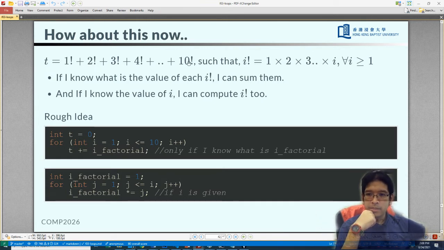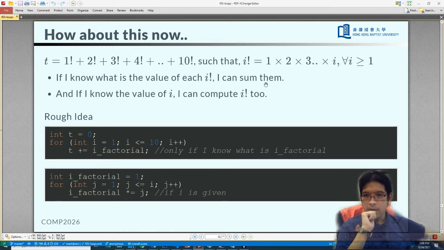Let's say we want to compute them using a naive way, using a loop. And computing this is actually quite tricky. Fortunately, if I know the values of each i factorial, I can actually sum them up.